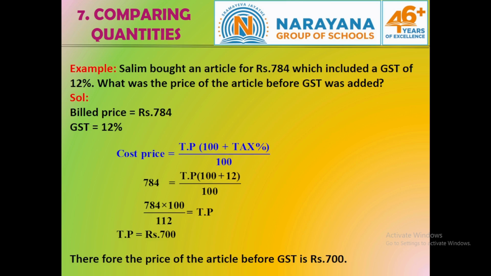Now the cost price formula is equal to TP times (100 plus tax percent) by 100. So by substituting the values, 784 is equal to TP times (100 plus 12) divided by 100. That TP is nothing but 700 rupees. So the tag price is 700. By adding the GST, it becomes 784 rupees.